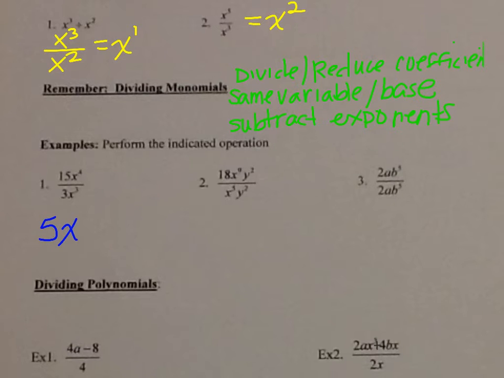Okay, number 2, we have 18 x to the ninth y squared divided by x to the fifth y squared. I have a coefficient in the numerator but no coefficient in the denominator, so we're just going to leave the 18 as it is. Then we have x to the ninth divided by x to the fifth. It'd be x to the fourth. Now notice here, I have y to the second divided by y to the second.